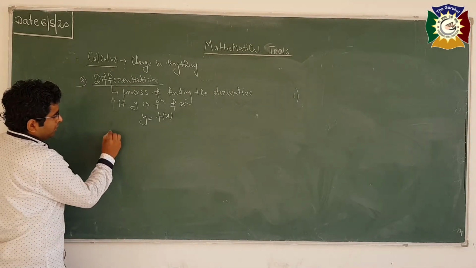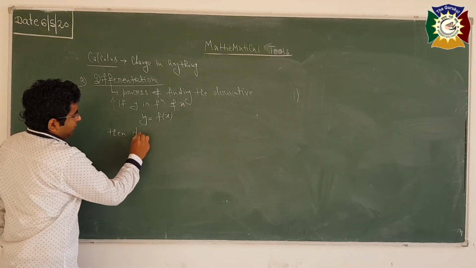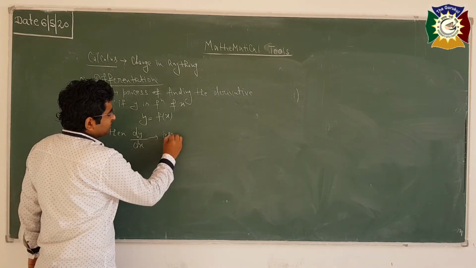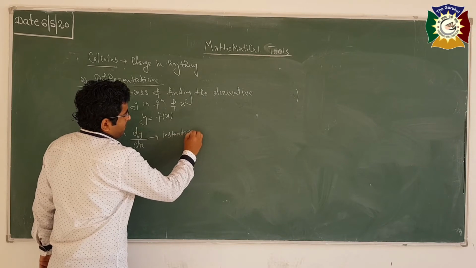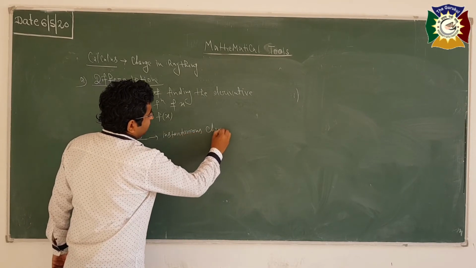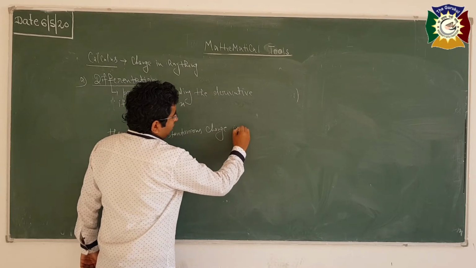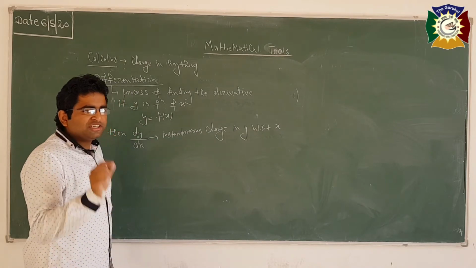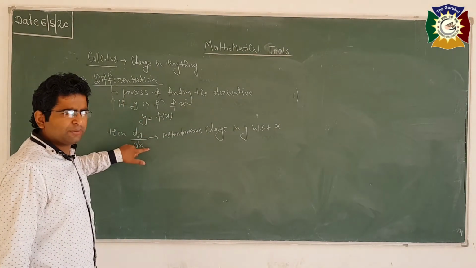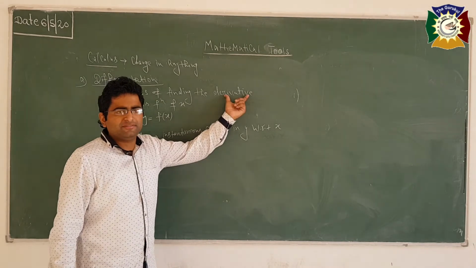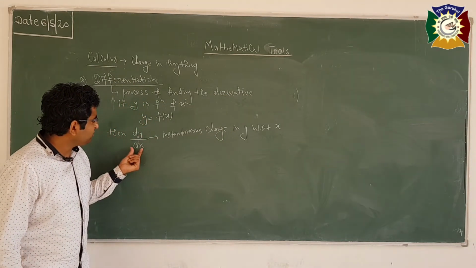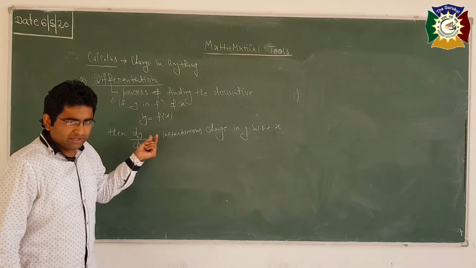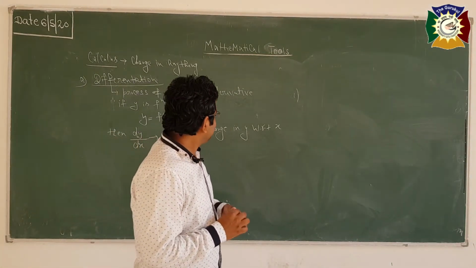Then dy upon dx gives the instantaneous change in y with respect to x. So, instantaneous rate of change of one quantity with respect to other is known as the derivative. It means for a very small change in x, what will be the change in the value of y? Okay, for this I will give an example.